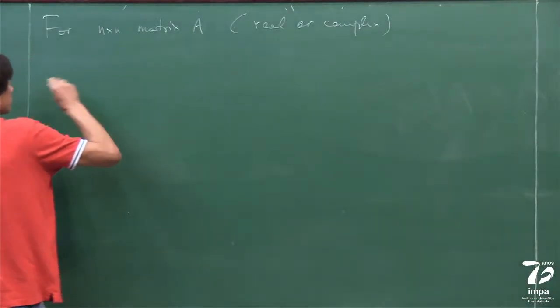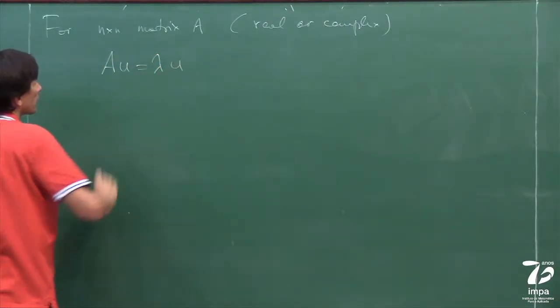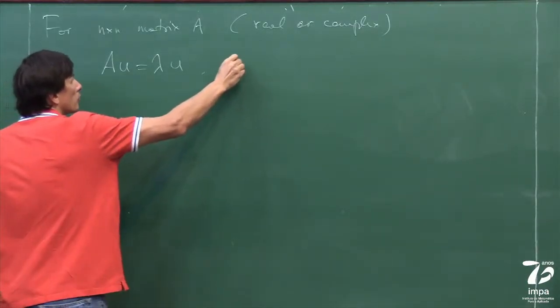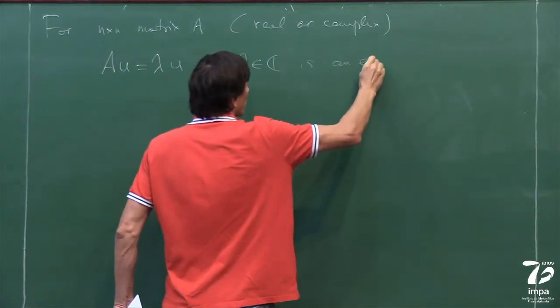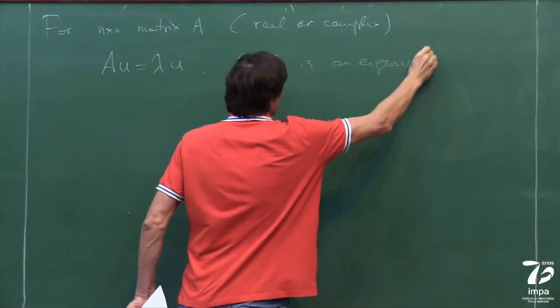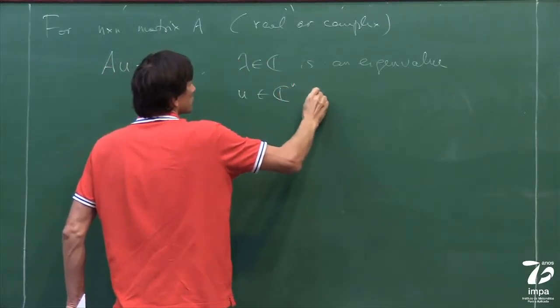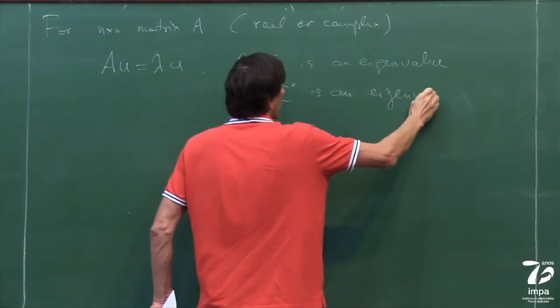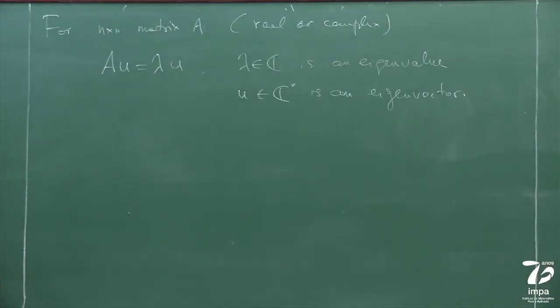An eigenvalue and eigenvector are the solution of this equation, A u = lambda u, where lambda, in general complex, is an eigenvalue, and u, in general a complex vector, is an eigenvector. This gives a spectrum, a very important property.